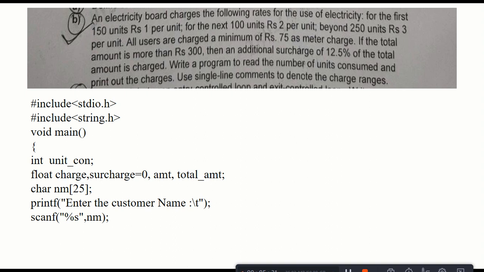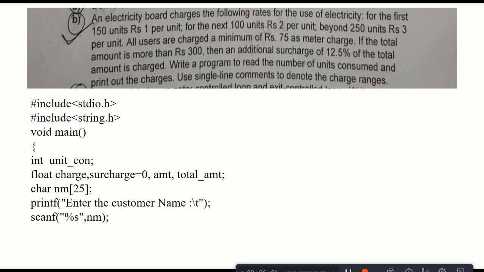Use single line comments to denote the charge ranges. First, for the first 150 units, it is calculated at 1 rupee. For the next 100 units, it is calculated at 2 rupees, and beyond 250, when it crosses 250, 3 rupees per unit.